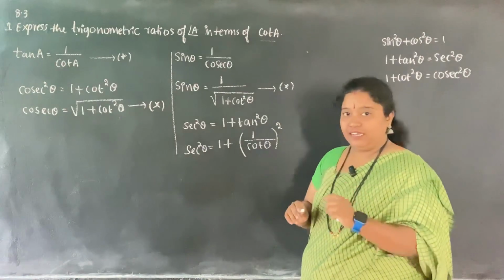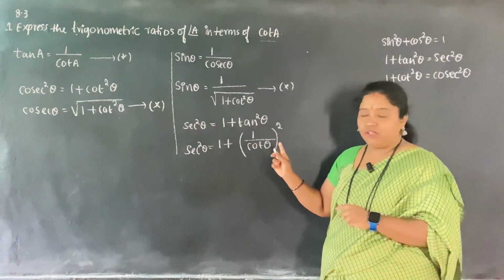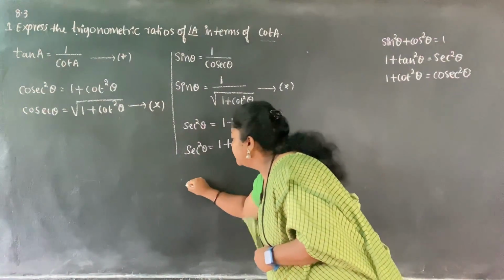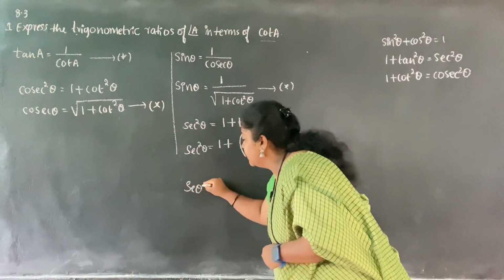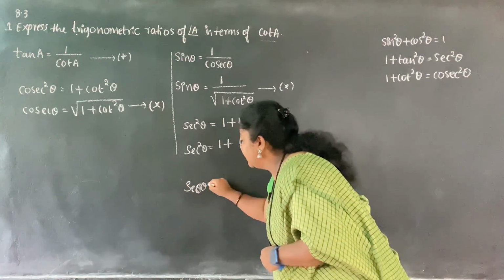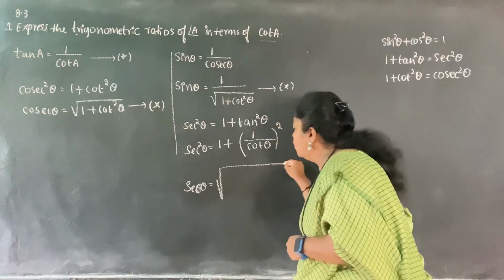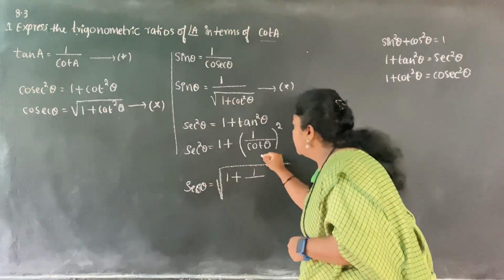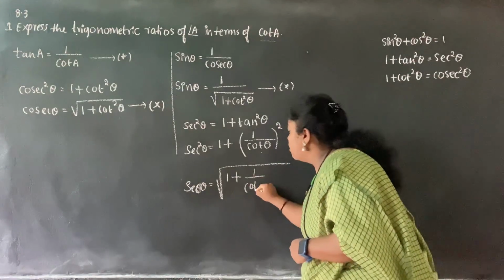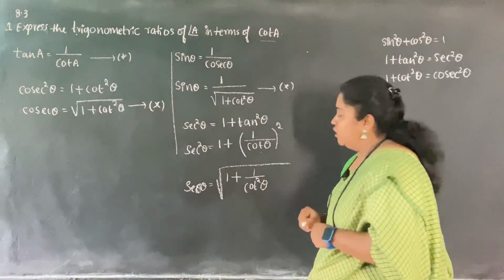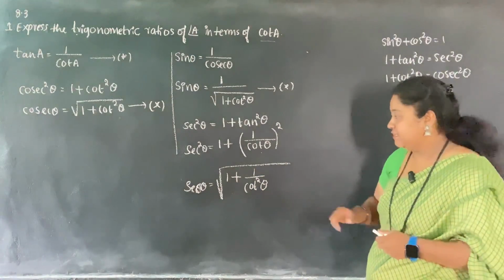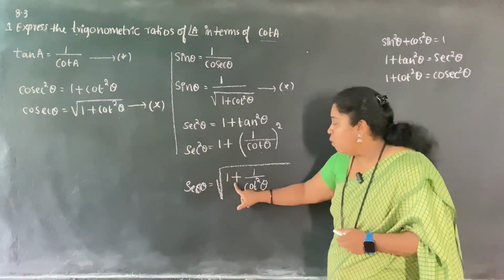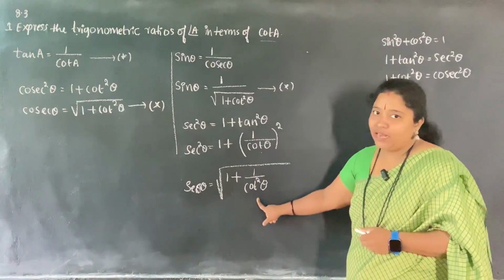I want only sec. So square I'll be bringing to this side. So what I'll be having, dears? Sec theta is equal to whole root of 1 plus 1 square is 1, cot theta the square will be cot square theta. So I'll be having sec theta is equal to root of 1 plus 1 by cot square theta.